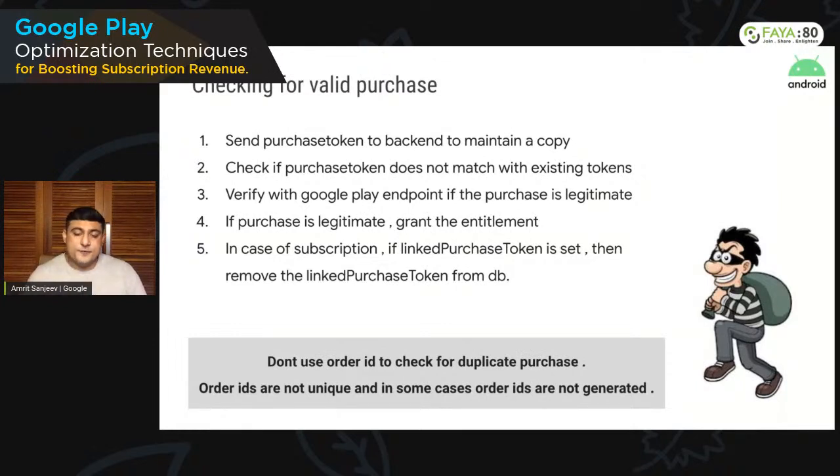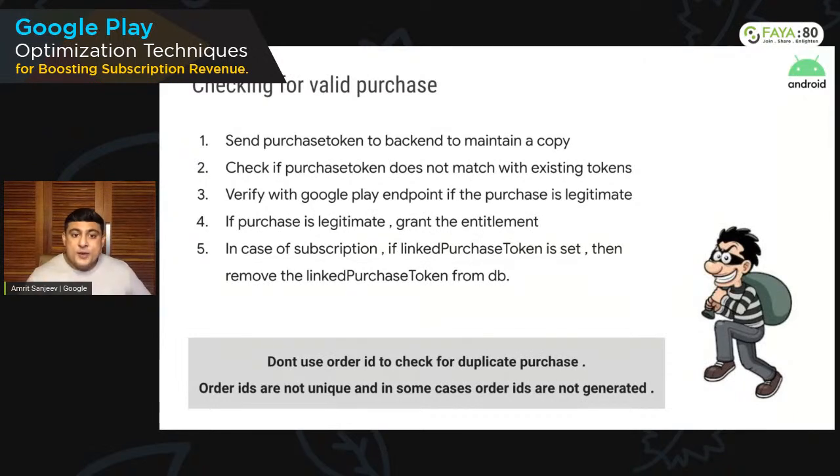One of the ways people commit fraud is they grab hold of a purchase token which was created earlier, and they send that valid-looking purchase token to the server. When the purchase token looks valid, the app would automatically enable it and unlock the feature. Here, you really need to check on the backend whether it's an existing token or not.